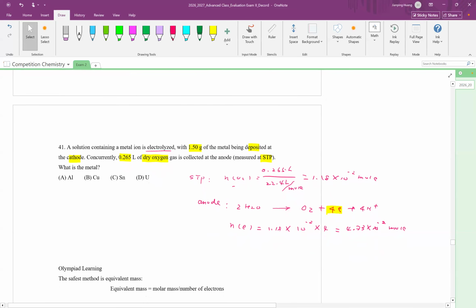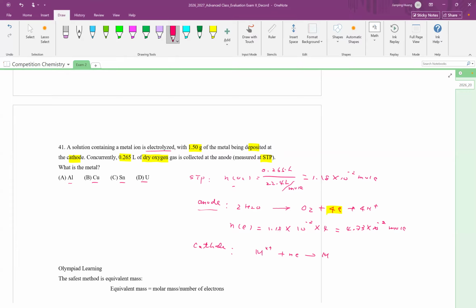Now, in order to determine which metal, we need to find the molar mass. We need to use electron conservation during the electrolysis. At the anode, you lose electrons, equal to what the cathode gains. At the cathode, M plus n electrons gives M. So electrons lost and gained should be the same.